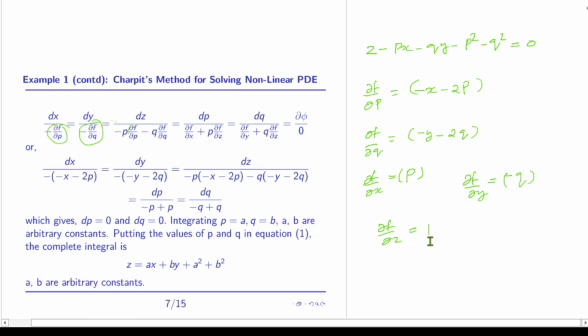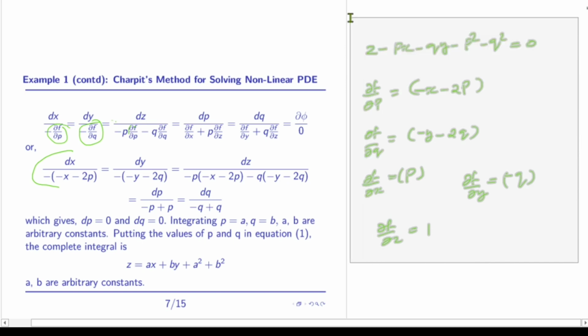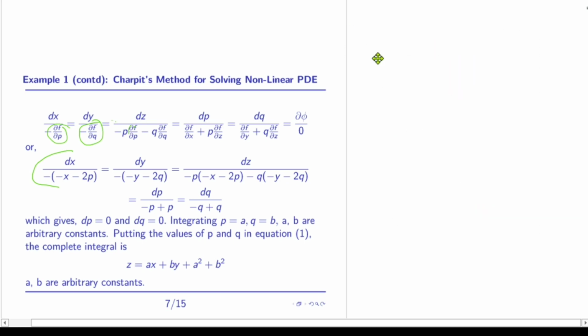Okay, so what we get is dx by minus of minus x minus 2p equal to dy by minus of minus y minus 2q equal to etc. In this, first of all, check the last two terms, that is dp by 0 and dq by 0.